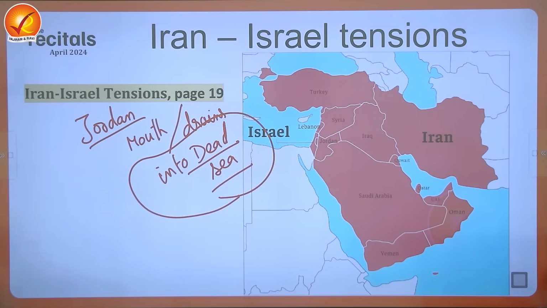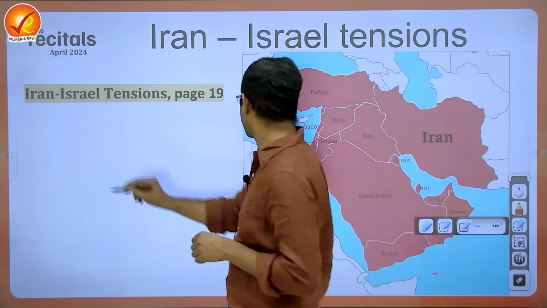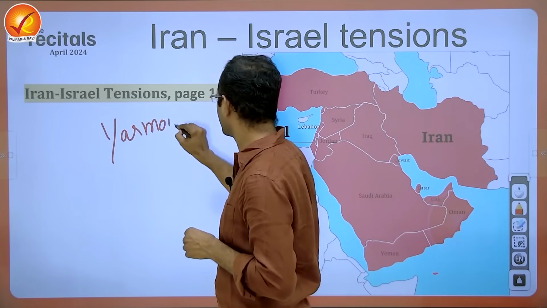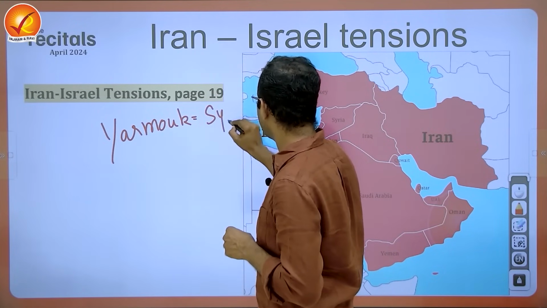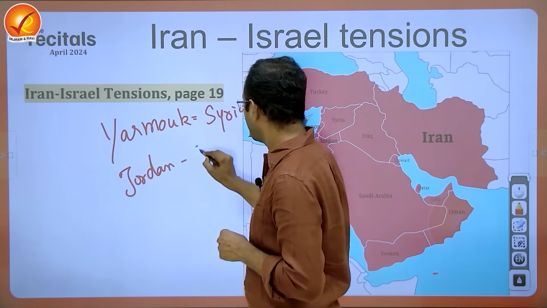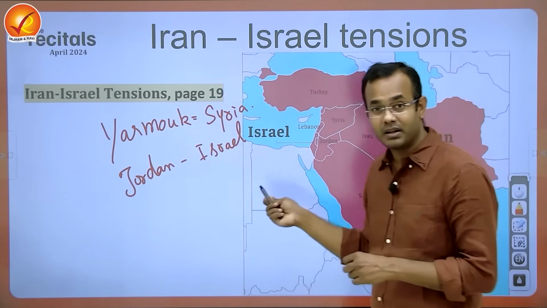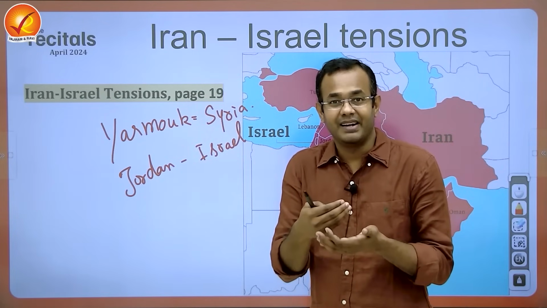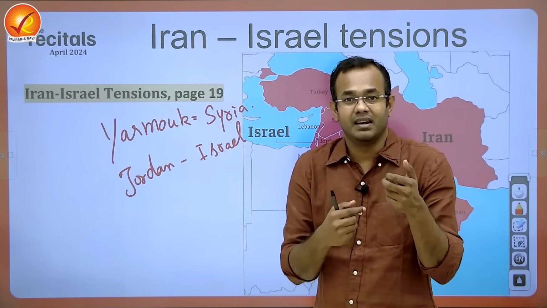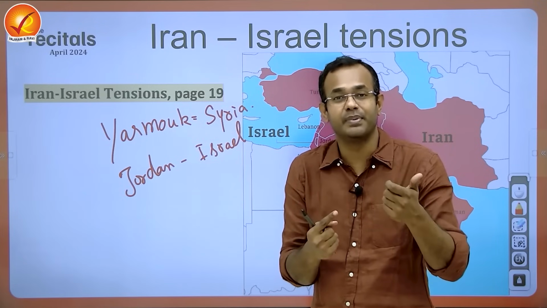One of the most important tributaries of Jordan River is Yarmouk, from which Syria largely takes water, and from the Jordan River, Israel largely takes the water. Apart from the flow rate reduction and its ecological impact on the Dead Sea, the other major issue around Jordan River is the sharing of water among the riparian states.